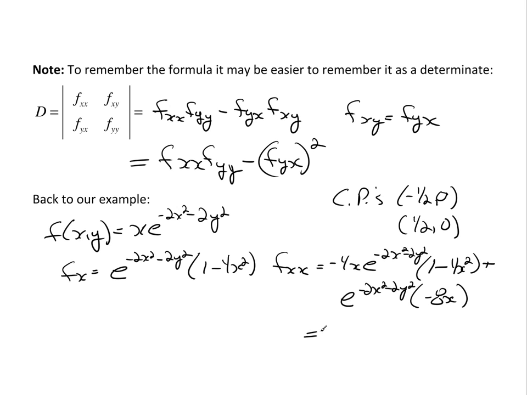Factoring, I'll have e to the negative 2x squared minus 2y squared times (negative 12x plus 16x cubed).